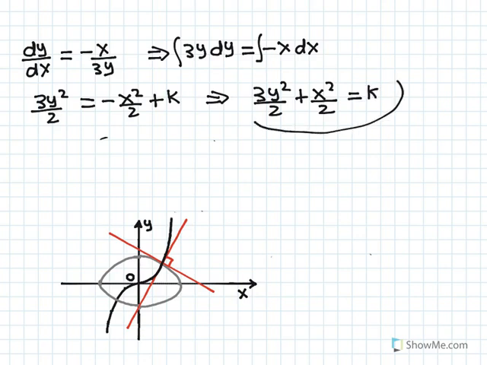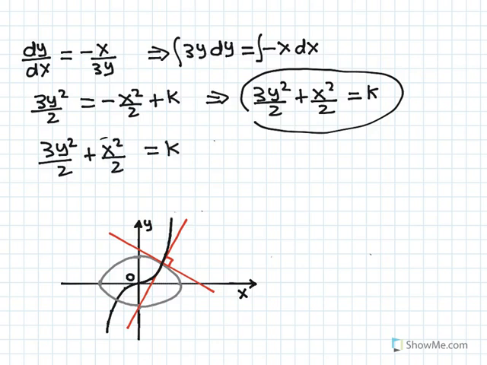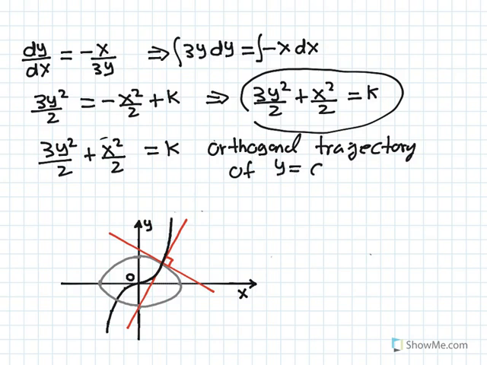This is actually the equation of an ellipse. So what we have is 3y squared over 2 plus x squared over 2 equals k. This is the orthogonal trajectory of y equals cx cubed.